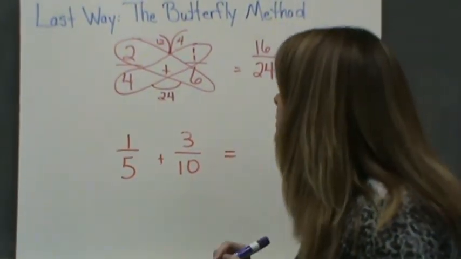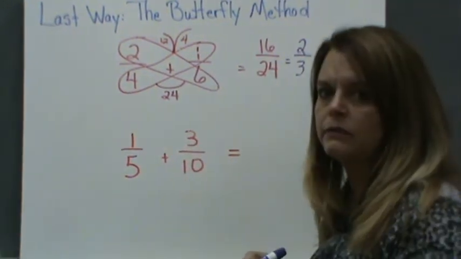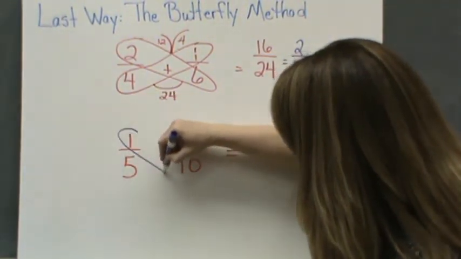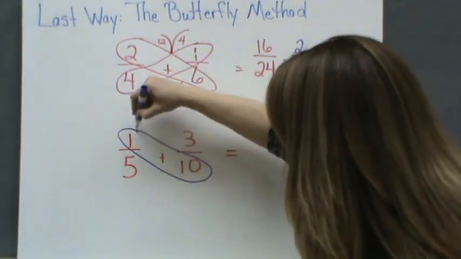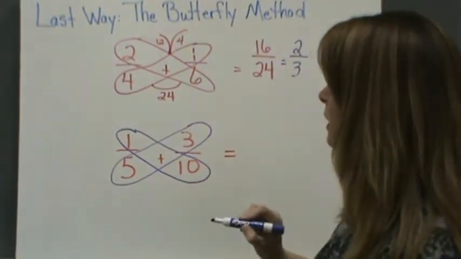All right, so let's try one together. 1/5 plus 3/10. All right, so I'm going to butterfly. I'm going to give him some wings this way. I'm going to give him some wings this way.